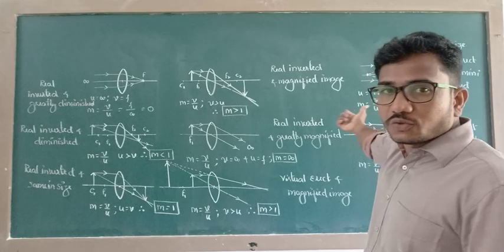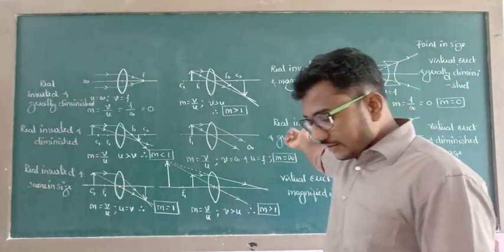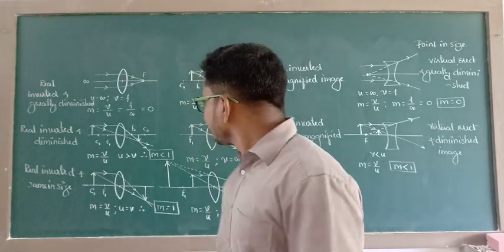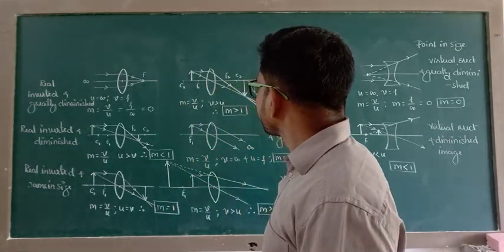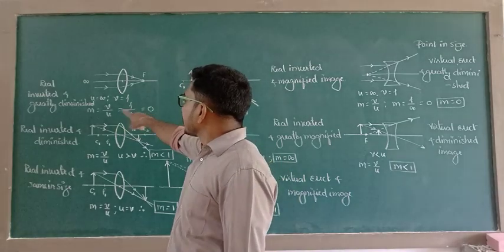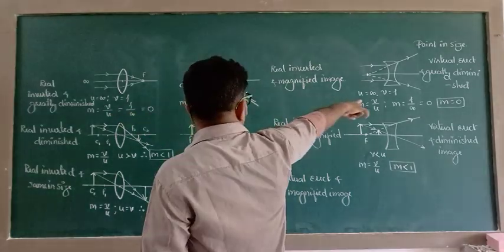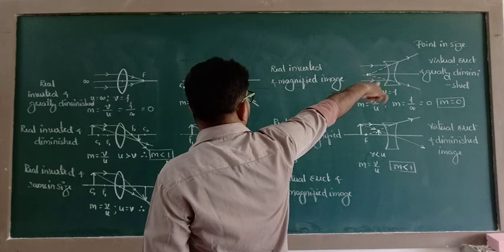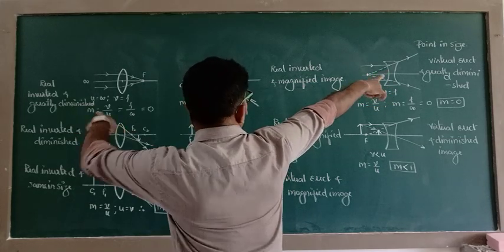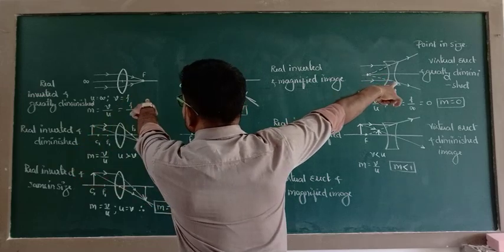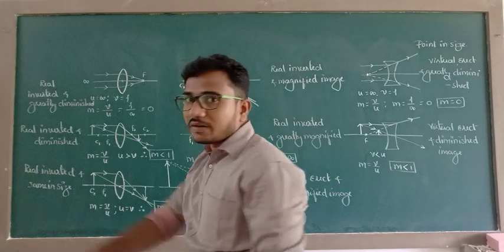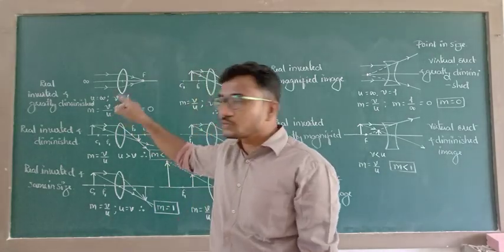If that image is due to a divergent beam of light, then that image is virtual and erect. So here we will get a real, inverted, greatly diminished image. Here we will get a virtual, erect and greatly diminished image. Real inverted is due to a convergent beam of light, virtual erect is due to a divergent beam of light. That is the difference between these two images.